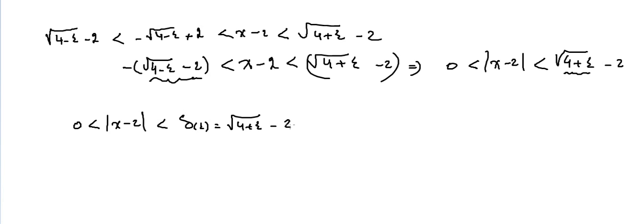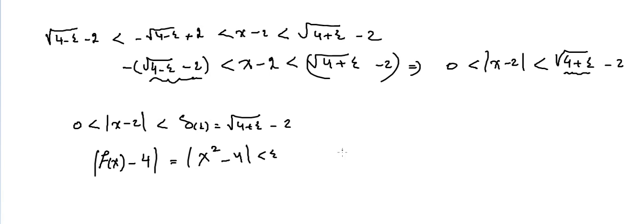Now, this definition ensures to us that whenever 0 is less than the absolute value of x minus 2 less than delta, then the absolute value of f of x minus L, which is 4, where x squared is the function, so x squared minus 4, is simply less than epsilon, because delta is less than epsilon already.